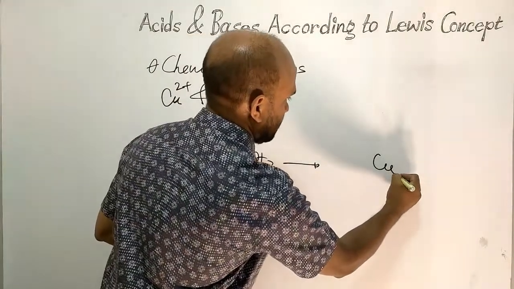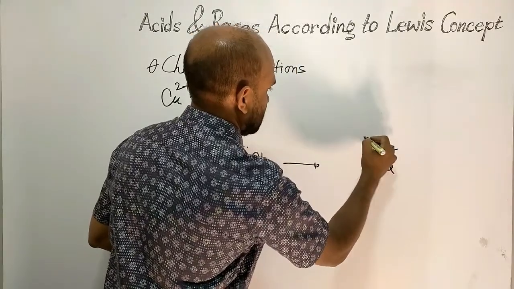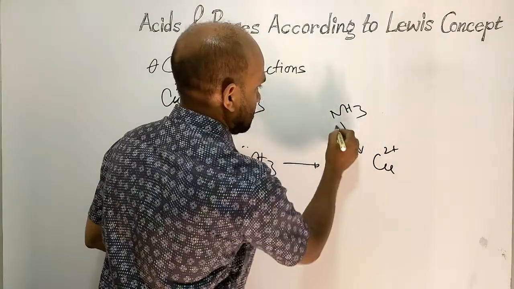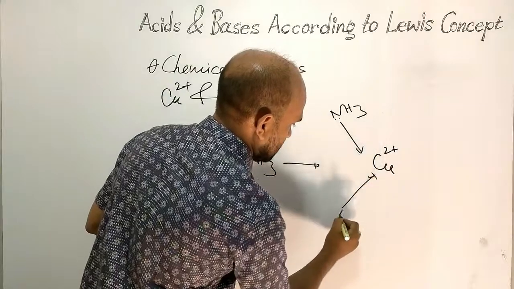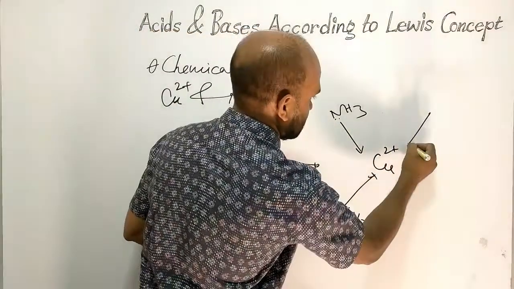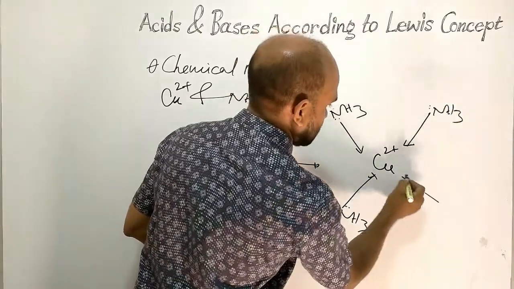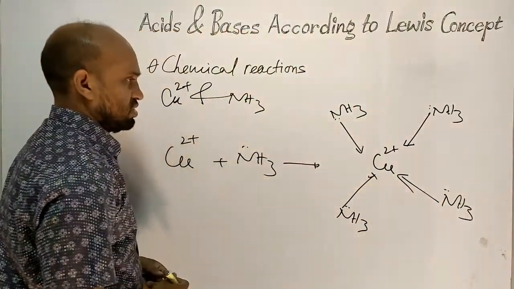This is copper 2 plus, ammonia, giving 1 pair of electrons. Here ammonia giving 1 pair of electrons, ammonia 1 pair of electrons, ammonia 1 pair of electrons.